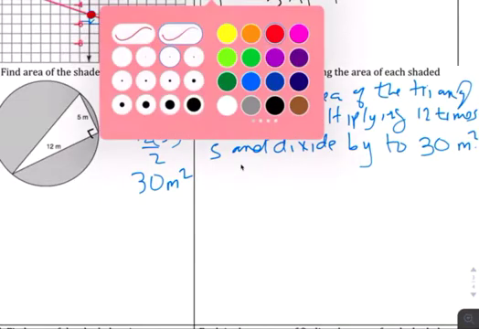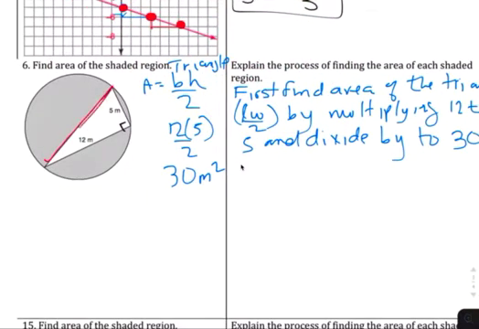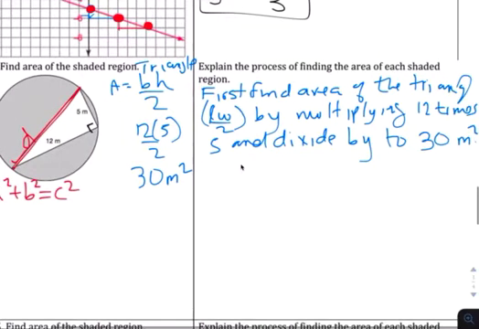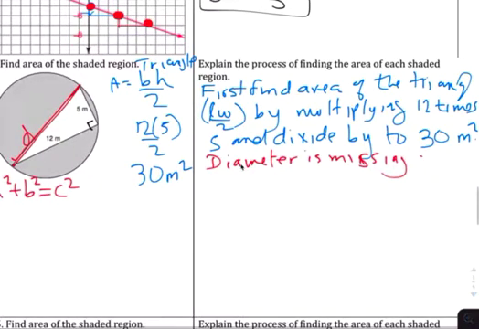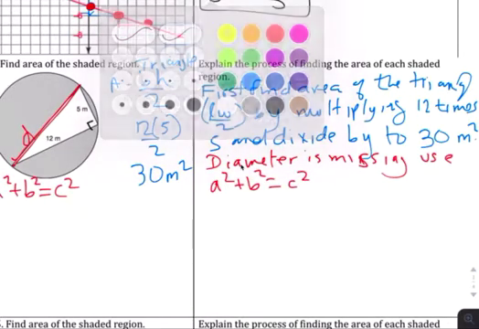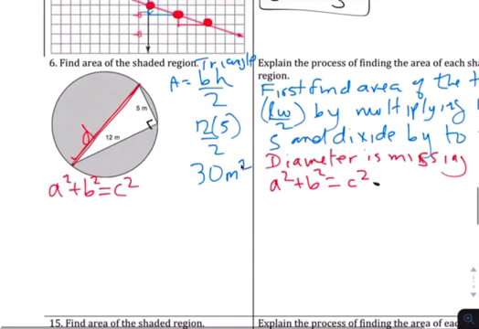Then we notice for the circle it's missing a diameter, right? So diameter is missing, so you do Pythagorean theorem. If you don't know how to spell Pythagorean theorem, just put the formula down. So A is 12, B is 5, C is D. We're trying to find diameter.